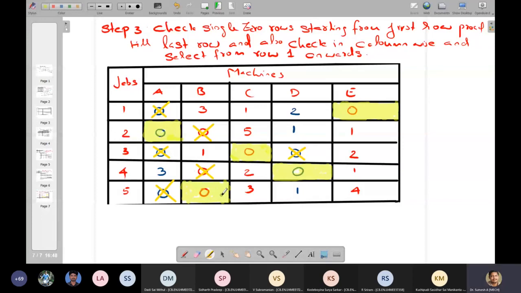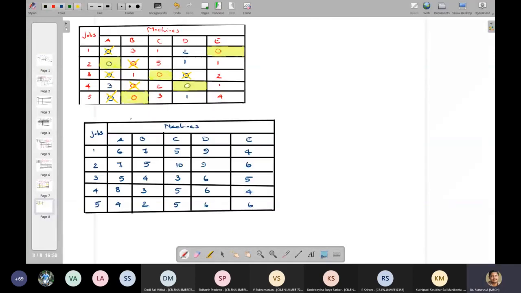So we have assigned job 1 to machine E, job 2 to machine A, then job number 3 to machine C, job number 4 to machine D, and job number 5 to machine B. So one machine, one job is particularly assigned.